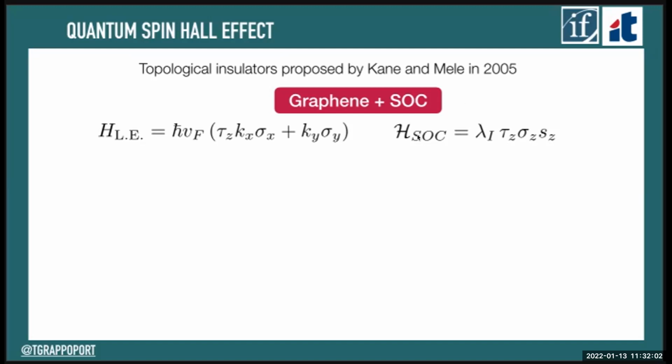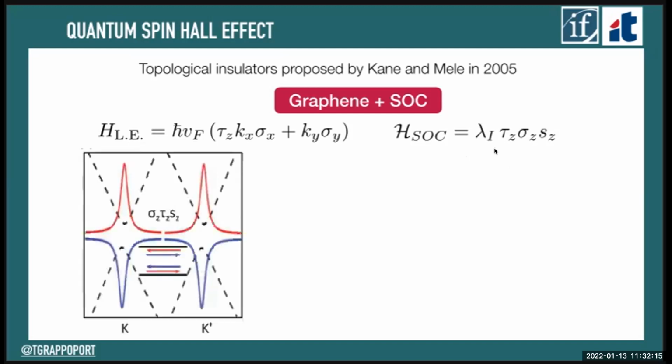And now the mass term is proportional to tau z and sigma z, but also has the spin. So we have a copy for spin up and another for spin down, with the mass inverted, right? And if you look at the spectrum, it is more or less the same. It's actually the same, it has this same gap if lambda is equal to delta.